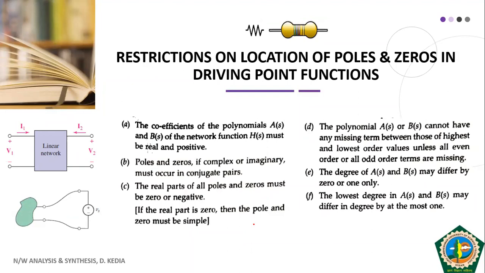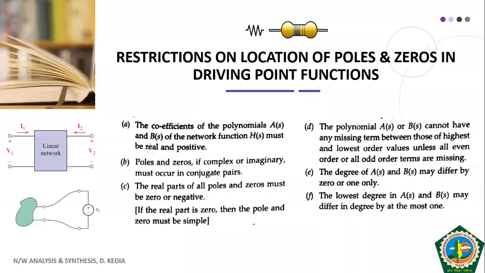Now, in order to have a stable network, there are certain conditions for these poles and zeros, and you will have to memorize these conditions and keep in mind that only when they are fulfilled is your network stable and realizable.